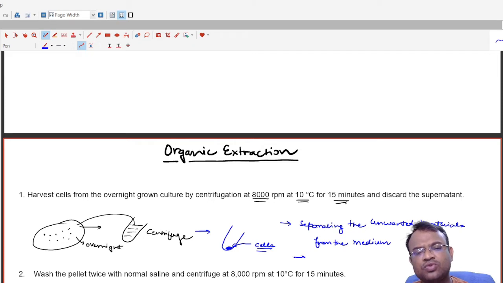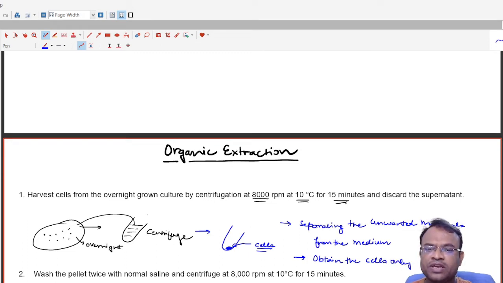That means you just want to obtain the cells only, because inside the medium where these bacterial cells were growing, if you centrifuge it, the cells would be separated from all the media and all the contaminants, so you would be getting the cells over here. This was the explanation of the first point.